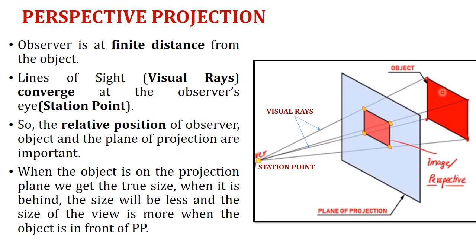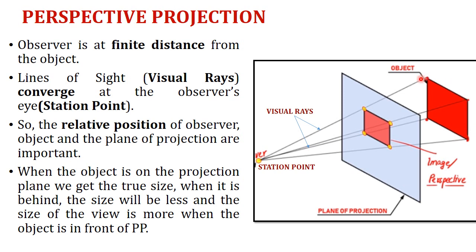Let's see, we have an object here and this is your projection plane and the observer is standing somewhere here. The visual rays or lines of sight are passing from the observer's eye or station point towards each corner of the object.